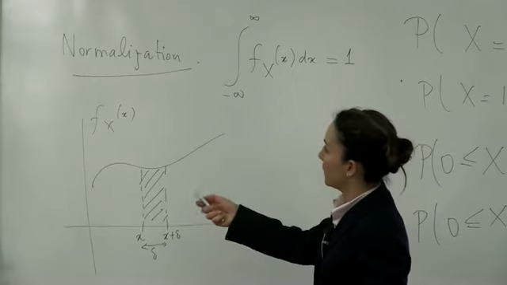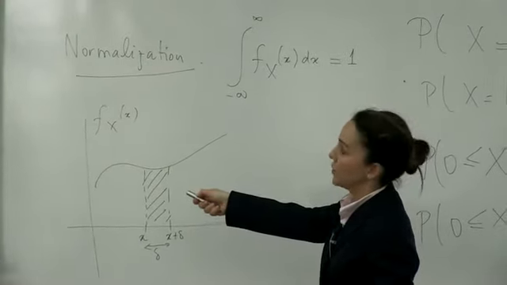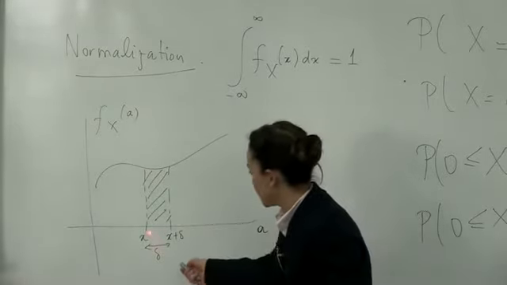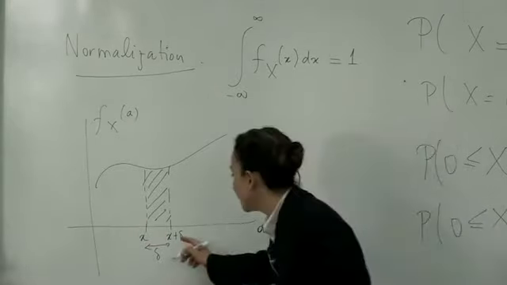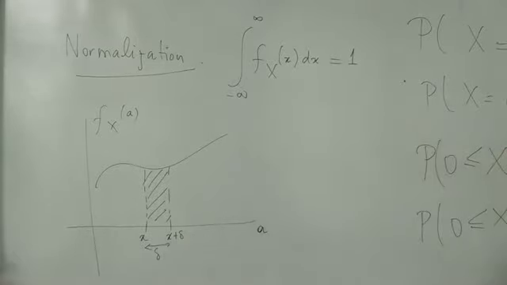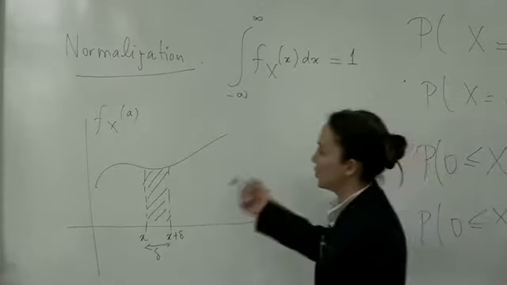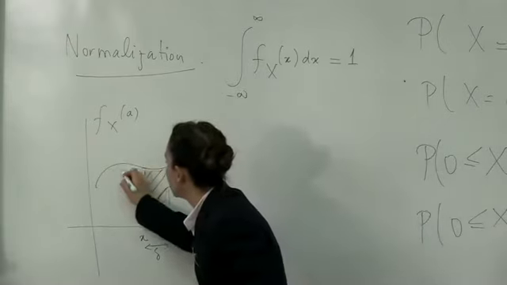That is the integral from x to x plus delta of fx of a dA. Okay, let's use a here. Now, as delta goes to 0, this becomes arbitrarily close to something. What is that? This area becomes approximable by, what is this value?